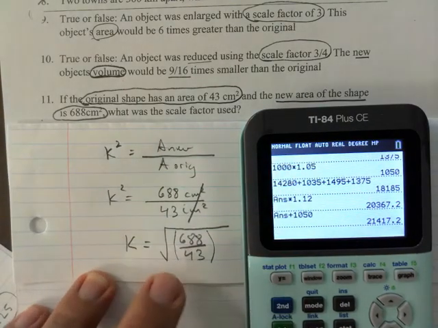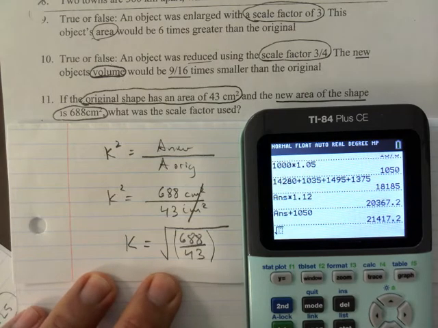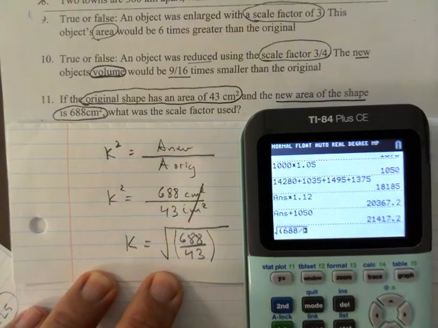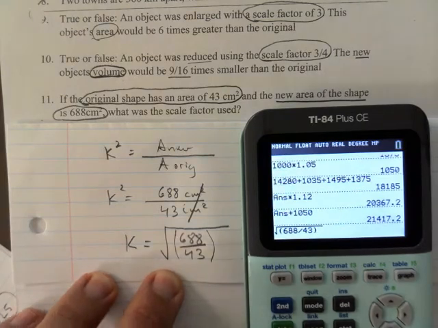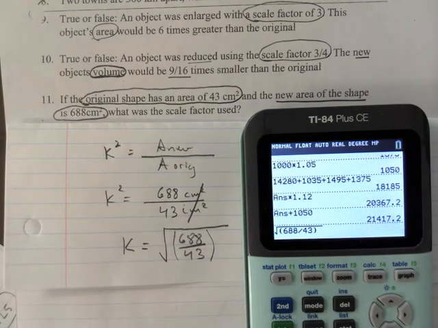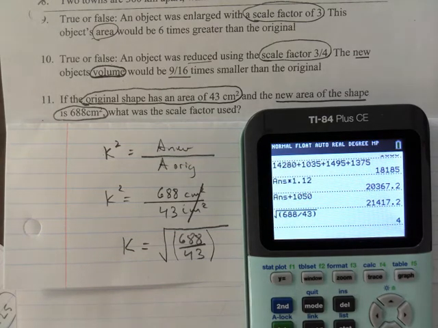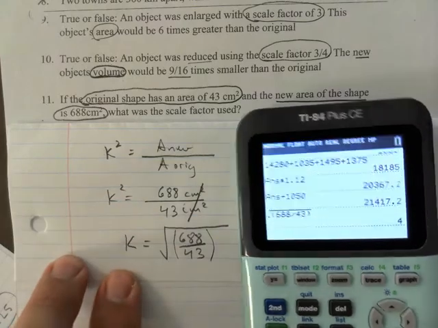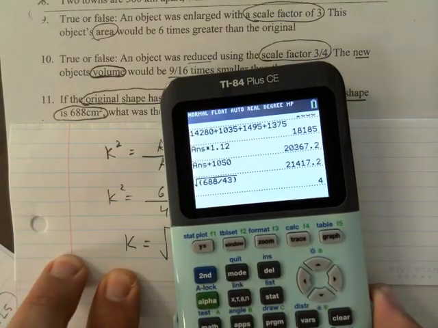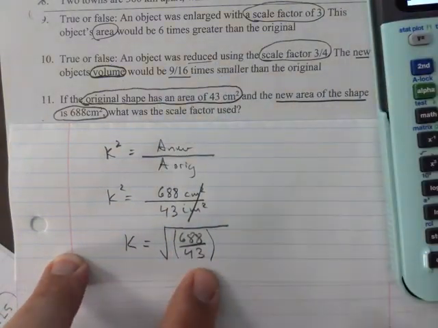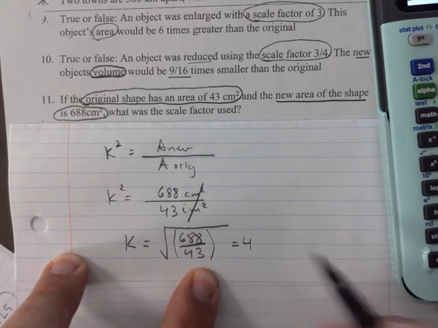You go second x squared to call it, and then I will go bracket 688 divided by 43, close the bracket, so that you make sure that the calculator divides first and then takes the root. There's a chance that you got it right anyways. Okay, so the answer is 4. No units.